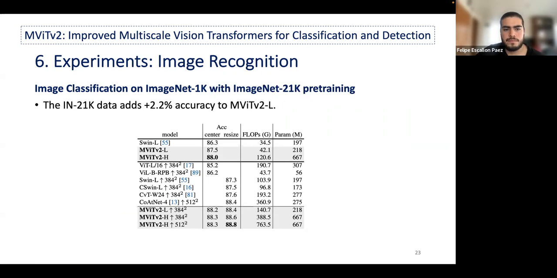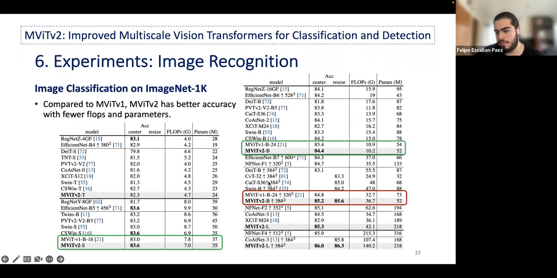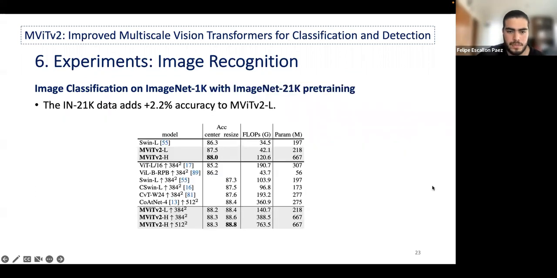In image classification, pre-training on ImageNet 21K, they increased the accuracy by at least 2 points. So they demonstrated that what previous works did was in fact something they could use. As we can see here, they achieved almost 89, and previously they had around 86 points.